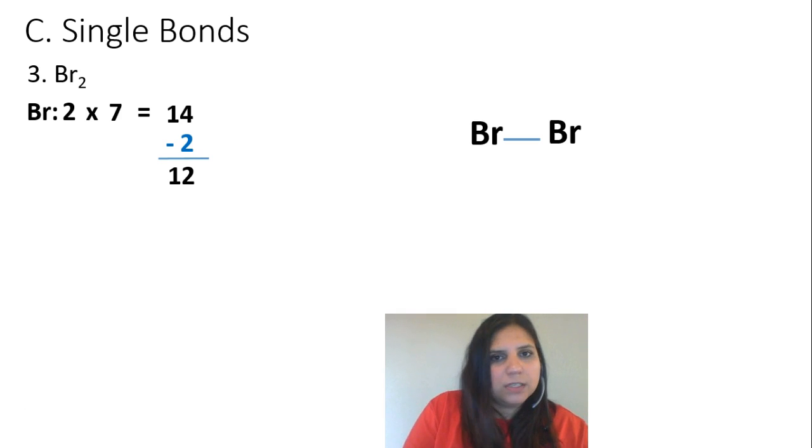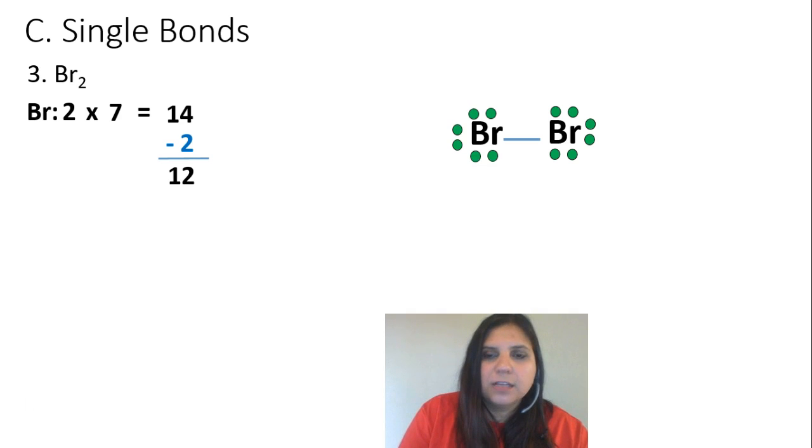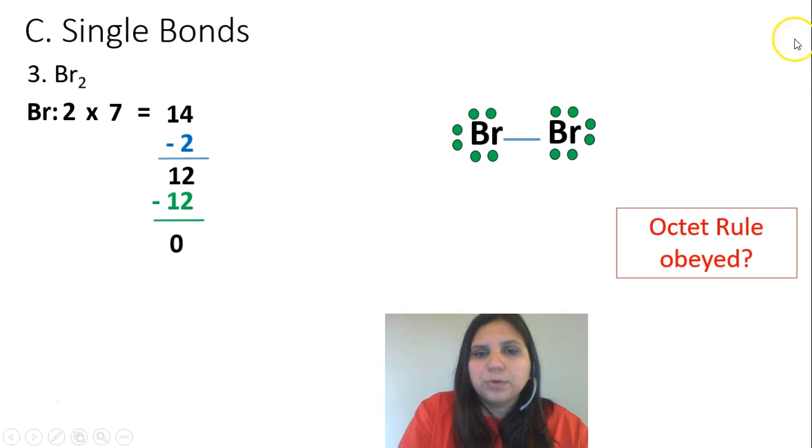So each one of these can accommodate 6 more electrons, 6, 6. That gives us all 12 being used. So that leaves us with 0 electrons left over. Then we'll check to see if the octet rule is being obeyed. Bromine has 2, 4, 6, 8, and so does this bromine.